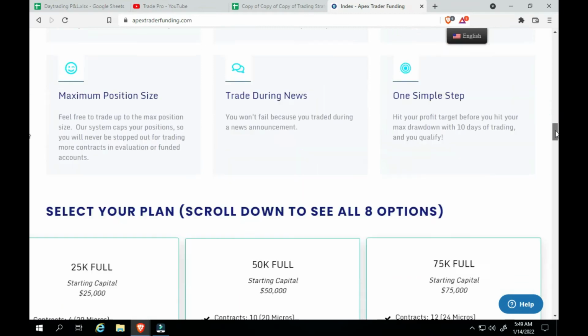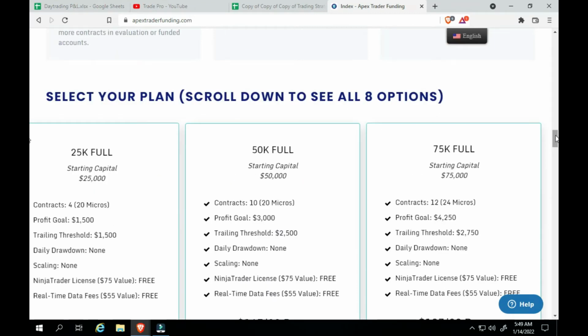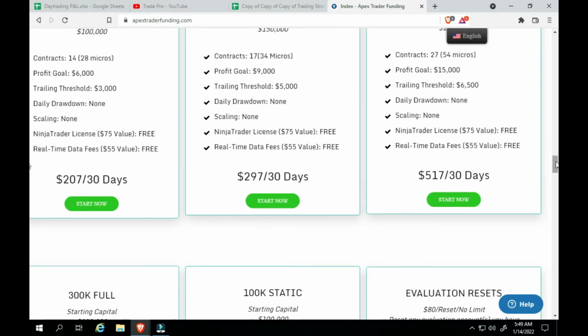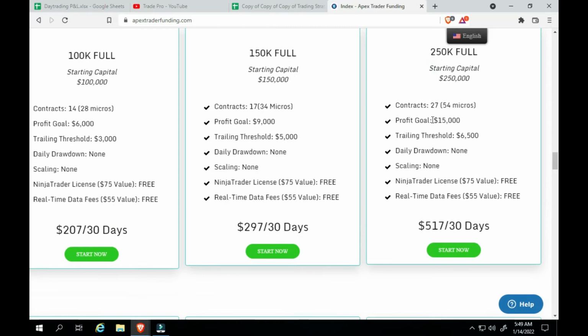With Apex, there's no scaling in the live account or in the evaluation account. So if I was trading this 250,000 contract, I could trade 27 contracts on the first trade. But when you do that, you may win big, but you also lose big too.